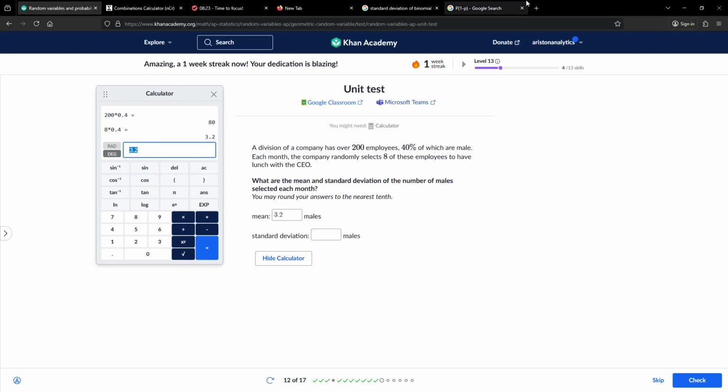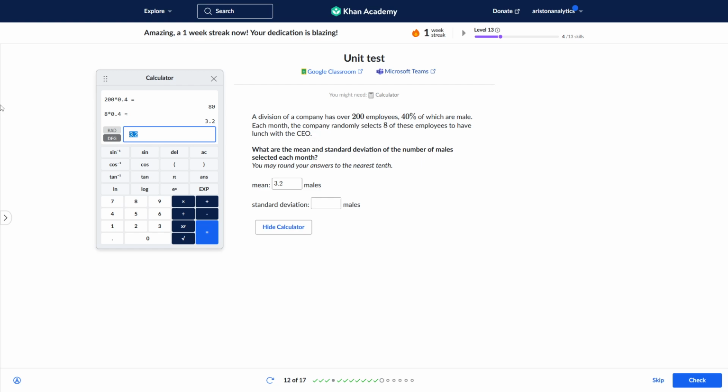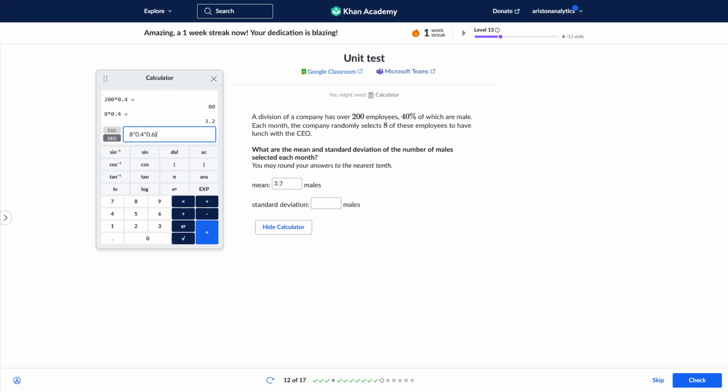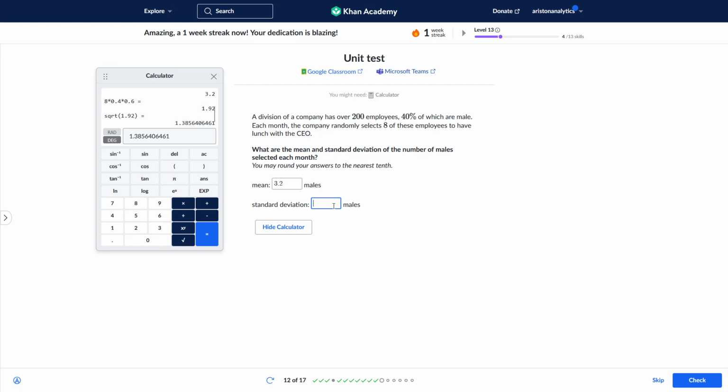So np(1 minus p). 8 times p, which is 0.4, times 1 minus p. 1 minus p is 0.6. And then we get the square root. That should be the variance. 1.4.